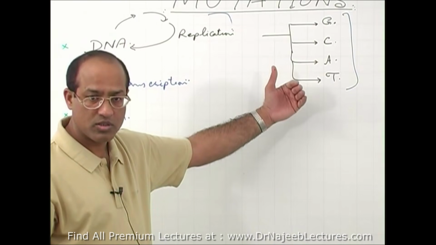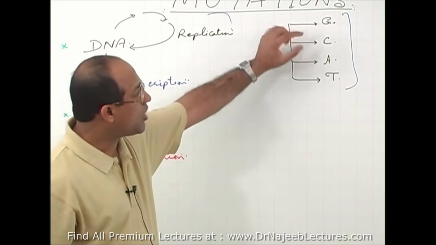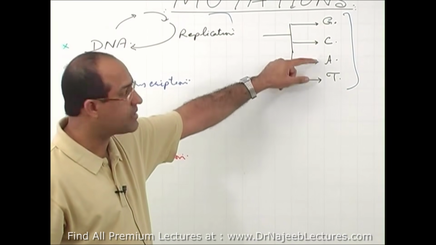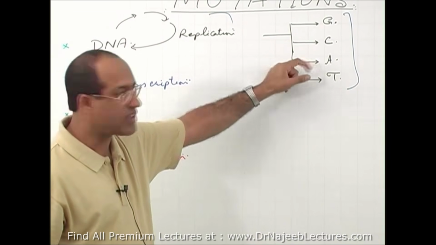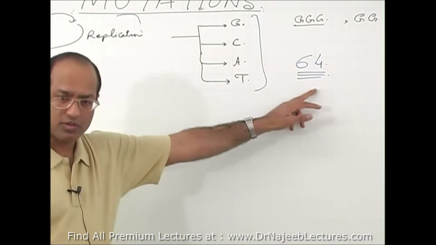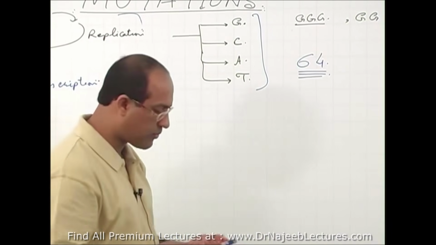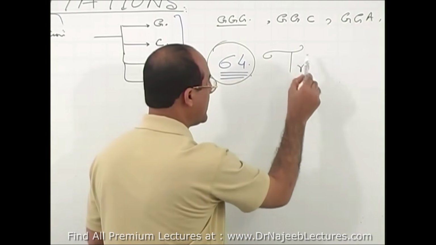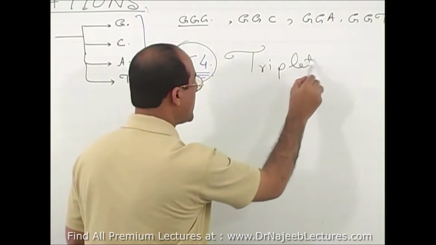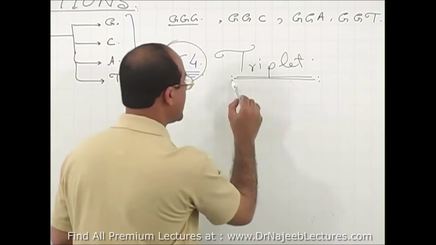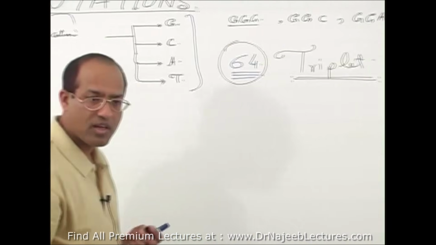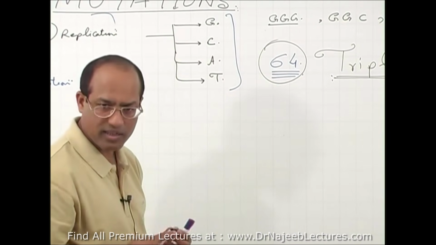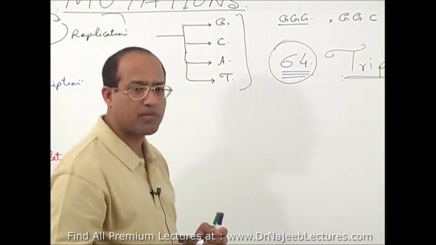In RNA we use ribose. Now, out of these 4 alphabets, when we combine them in different ways, the maximum number we can end up with is 64. We call it a triplet, people will call it a codon, codon in DNA and then ending up as codon in RNA, right? In our discussion we simply call them triplets just to keep the mind clear. 64 possible triplets can be there.